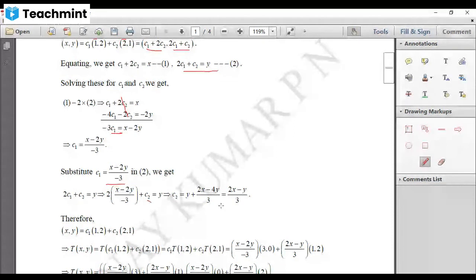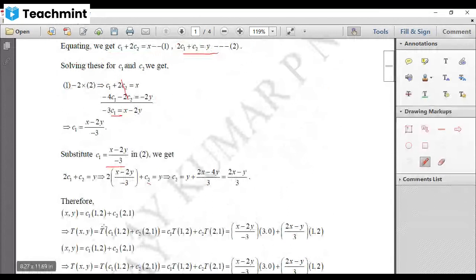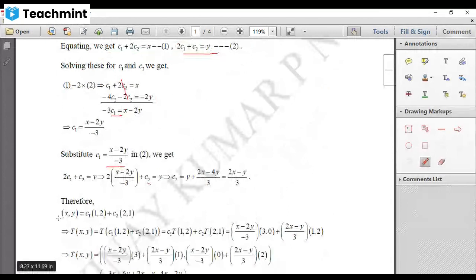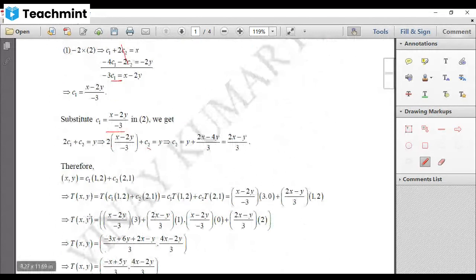Now we have C1 and C2 and the images of (1, 2) and (2, 1). So let us find out what is T of (x, y), the image of (x, y) in general. We know that the ordered pair (x, y) is C1 of (1, 2) plus C2 of (2, 1). So this implies the image of this is equal to, substituting the ordered pair (x, y), C1 of this plus C2 of this.